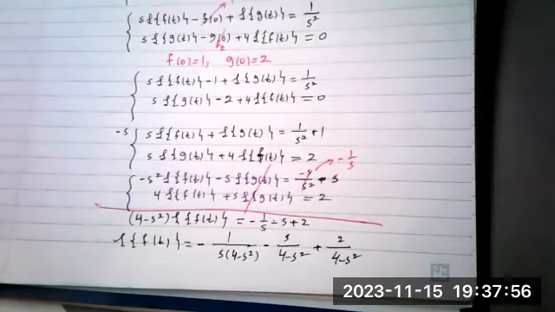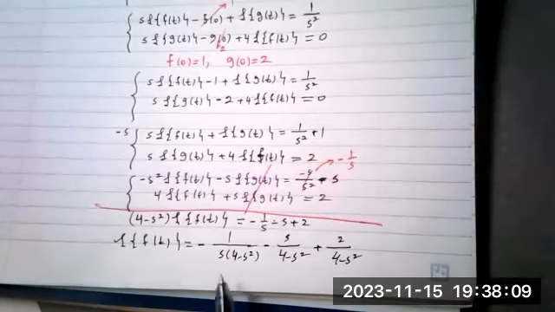So this is where we end up. We get 4 minus s squared. Yeah, it's all right so far. Okay, there you are. This is s over 4 minus s squared.